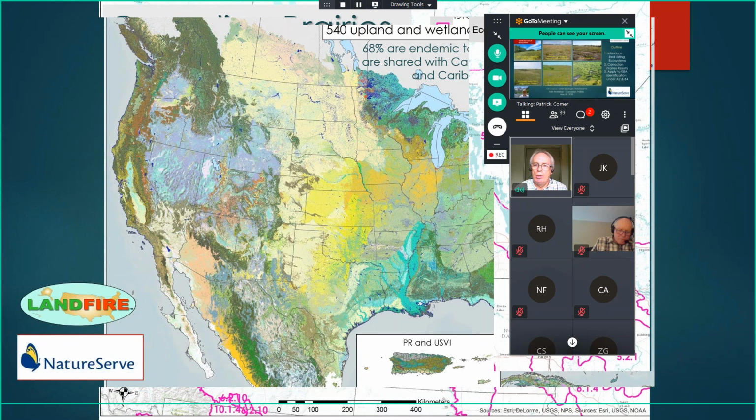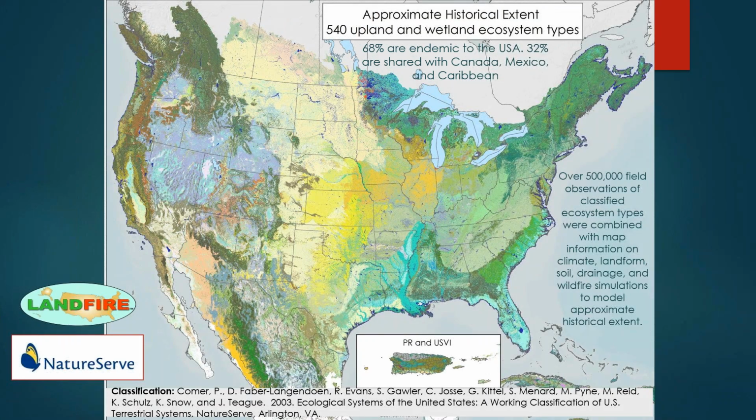It's really a model of the potential distribution of these ecological system units, using a lot of observation data and then geophysical inputs and map information to map both the potential, approximate historical extent, as well as the current footprint of those ecosystem types.